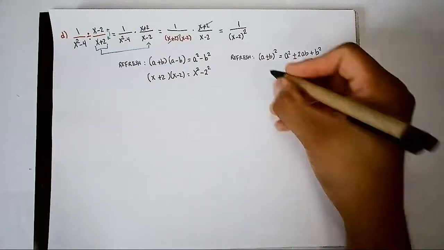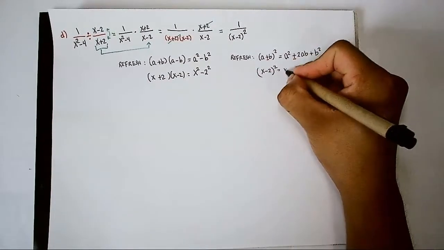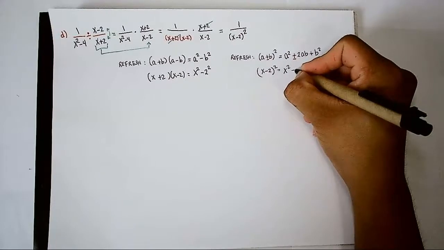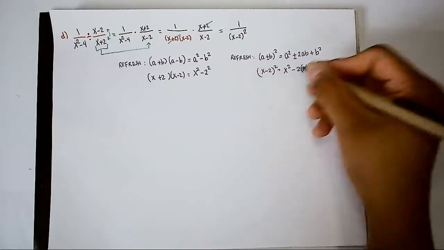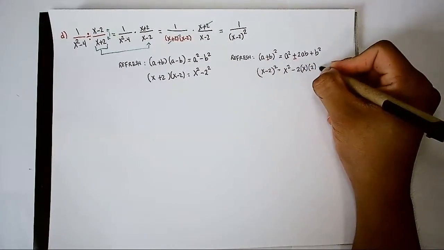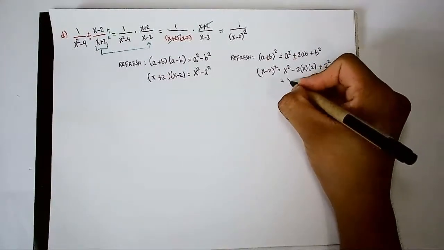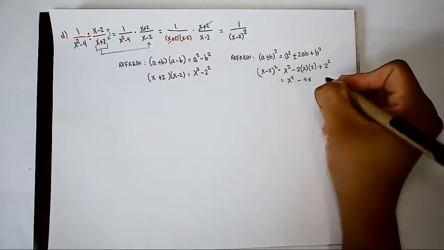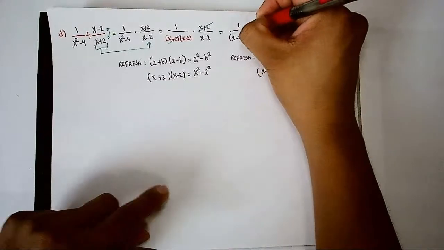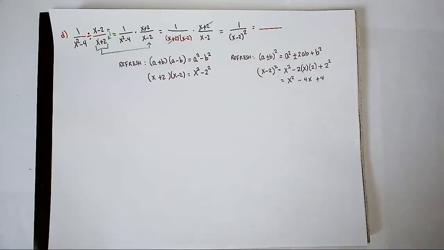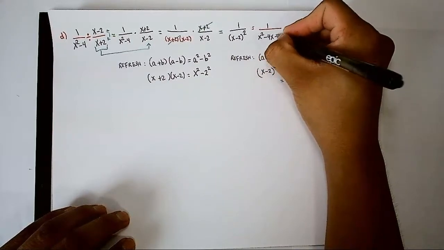In other words, if we do x minus 2 squared, we're going to get the square of x, which is x squared, minus 2 times the first term, which is x, times the second term, which is 2, plus 2 squared, which is equal to x squared minus 4x plus 4. And that we can replace here. So we will have 1 over x squared minus 4x plus 4.